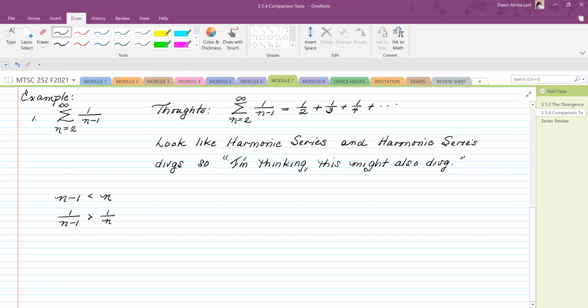If n minus 1 is less than n, then 1 over n minus 1 is bigger than 1 over n. So now let an be the series 1 over n, and bn be the series 1 over n minus 1.